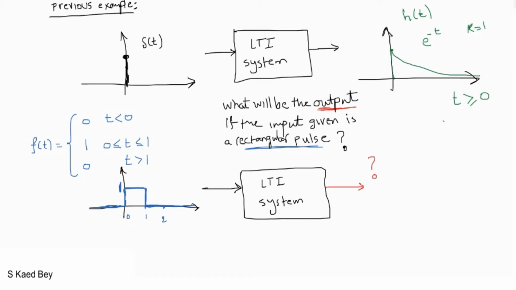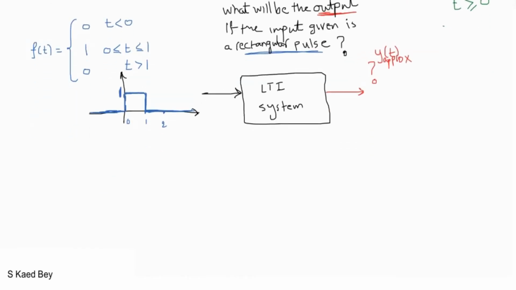Before going over the convolution integral, let's first analyze the convolution as a sum of impulse responses. To do this, we can approximate the rectangular pulse input signal by a series of impulses as shown here. You may notice that the first and the last impulses are smaller than the value of 1 because they include the parts that are 0 before the pulse at time less than 0 and after the pulse at time greater than 1.